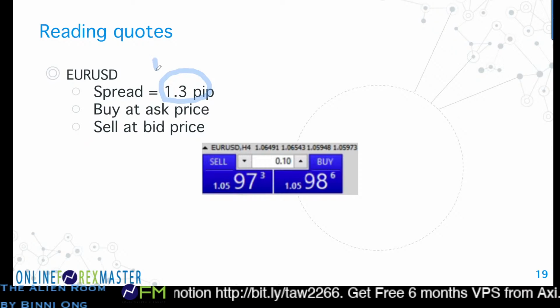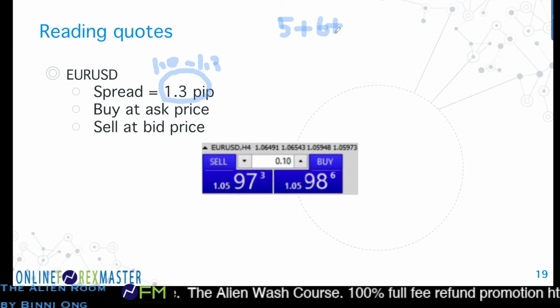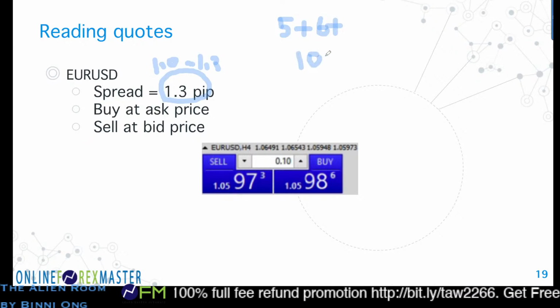It can fluctuate between 1.0 to maybe 1.2, 1.3, etc. It can even go lower than 1.0, but that's the normal spread. But in Singapore time, at this particular hour, usually about 5 plus a.m. to 6 plus a.m., if you wake up, you find that for euro, the spread can be maybe 10 plus.